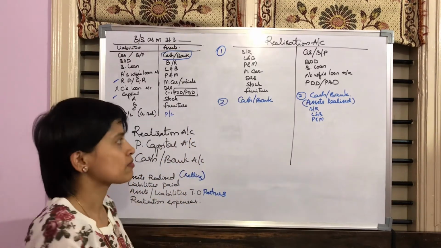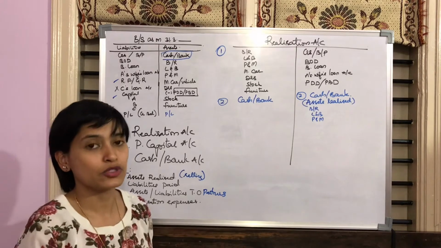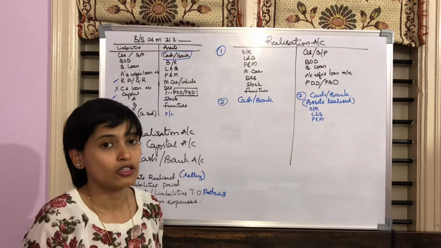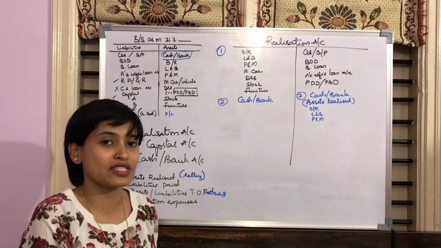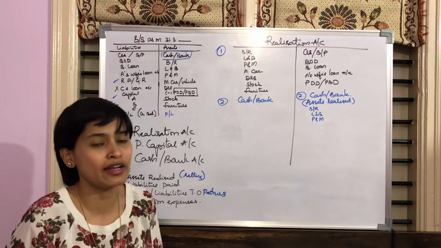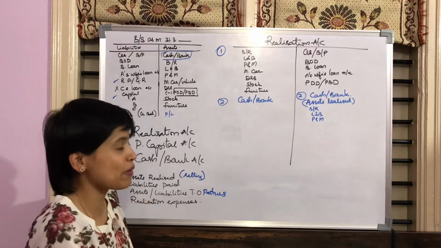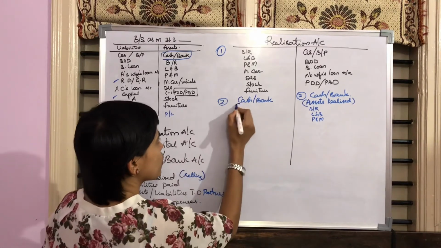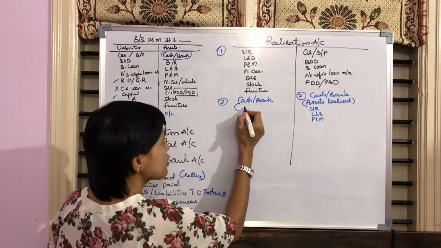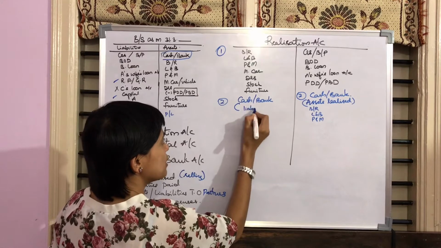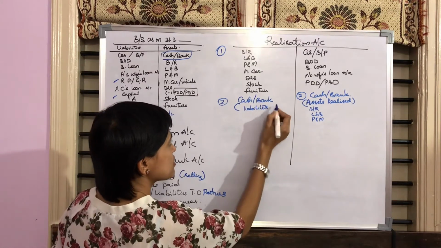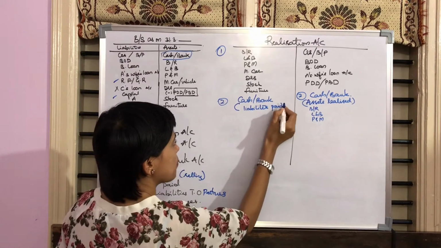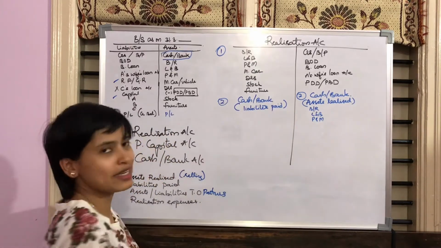On the debit side, you are making payments. The rule of a nominal account says debit all expenses and losses. When you are making payment, your cash is going out. So quite naturally, on the debit side you are going to record all the payment of liabilities, liabilities that are being paid off. So what are the liabilities in the question?